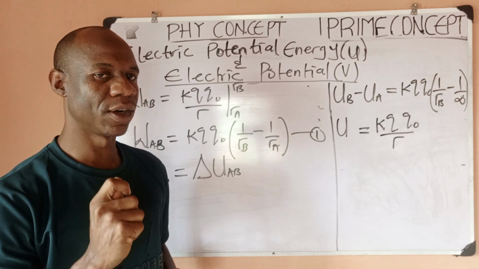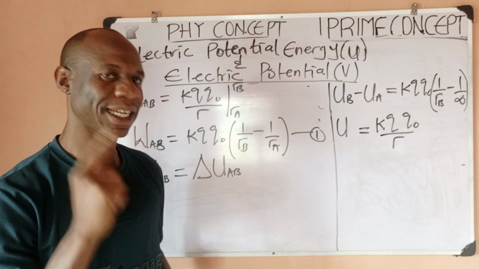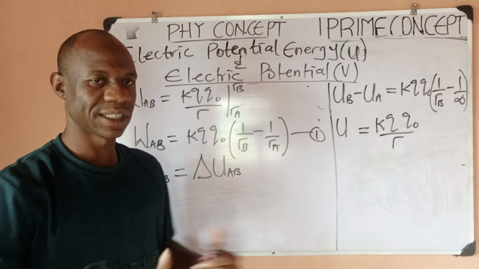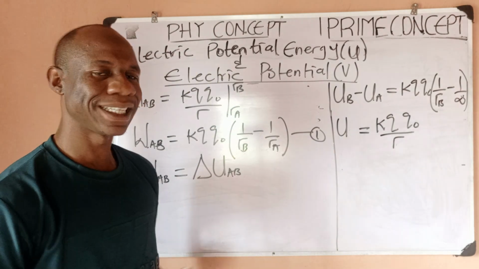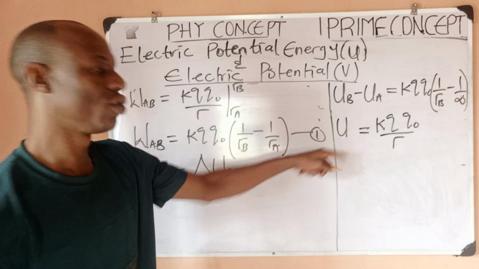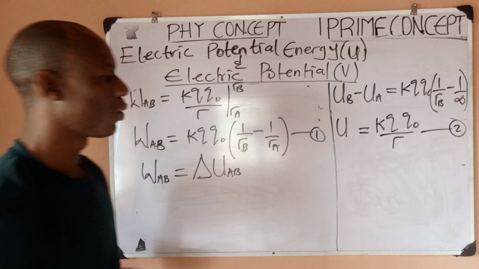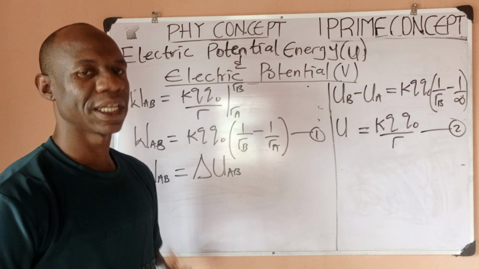It is the work done in moving a positive test charge from a point at infinity to a point in an electric field. So that is electric potential energy U. I'll call this equation 2. Now, what do you need to know about electric potential energy?